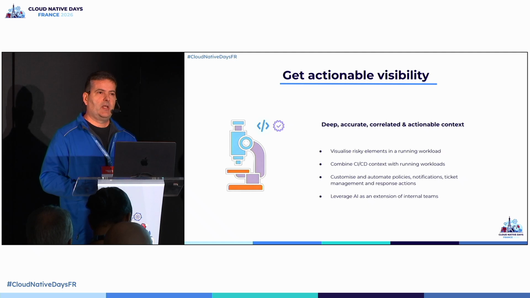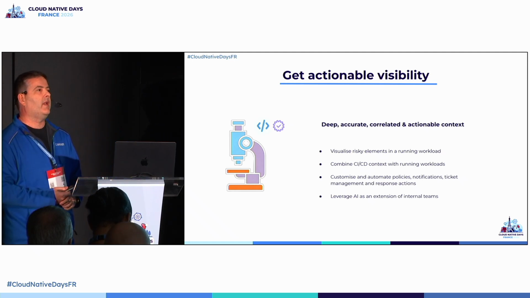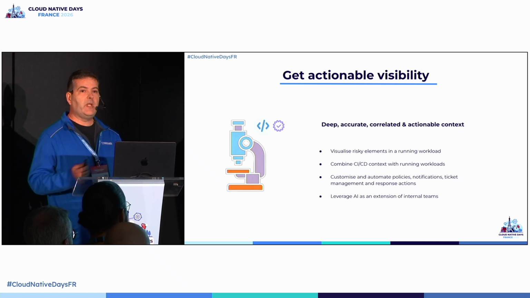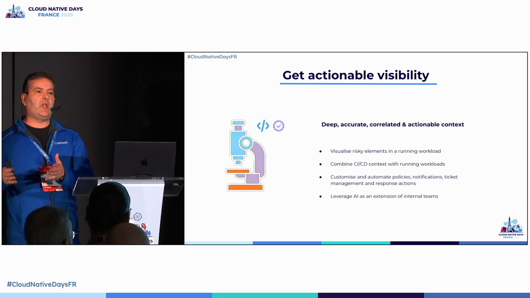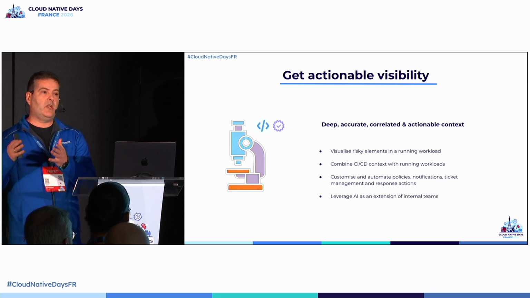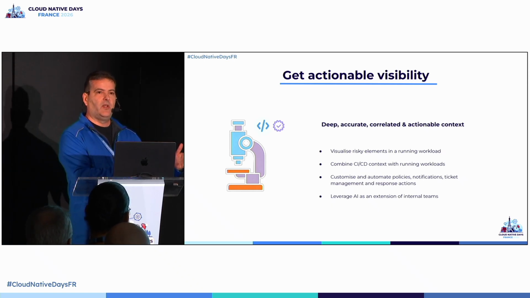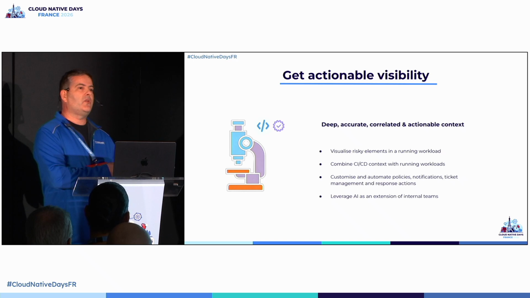For instance, let's say that I have a workload running in my container, in my cluster right now. Wouldn't it be great to see what vulnerabilities are associated with that particular image now and compare that with the next iteration of my image?